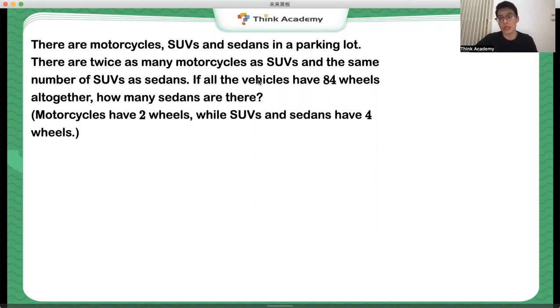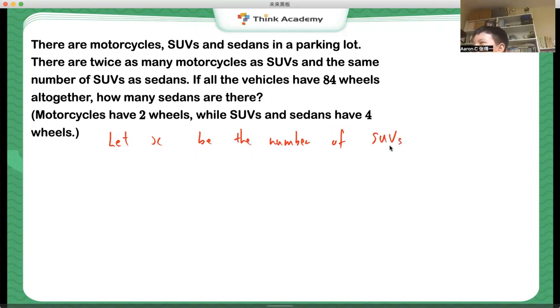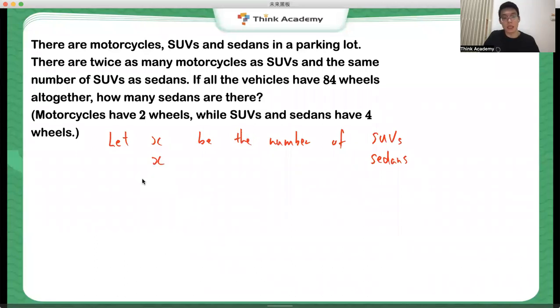So SUV will be the lesser quantity, and it's the same as sedans, which means that sedans are also the lesser quantity. So we can just let X be the number of SUVs, which means that the number of sedans is also X, where the number of motorcycles, that's twice as many, which means 2 times X, and that's 2X.